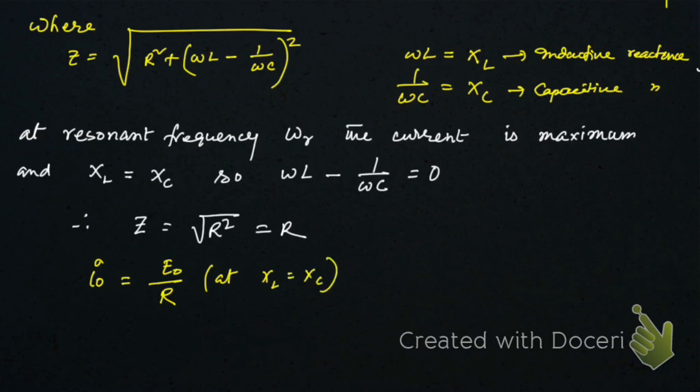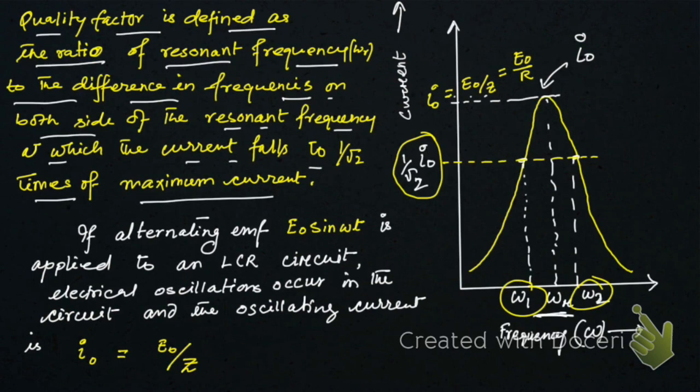As I have written here, I naught when it is maximum is equal to E naught by R. At frequency omega 1, this current falls to 1 by root 2 times its maximum value.